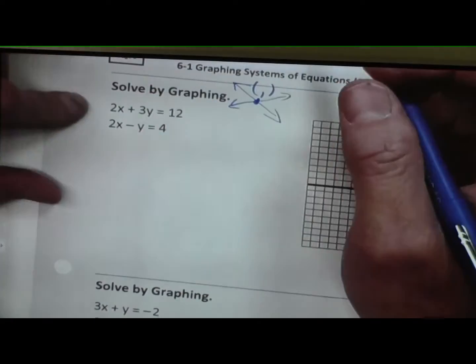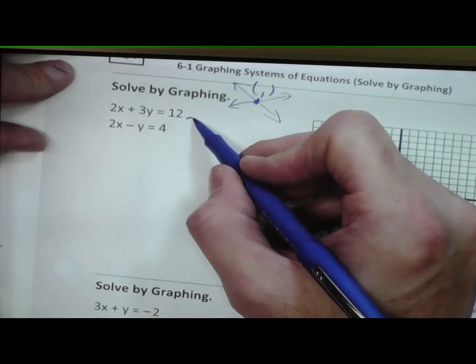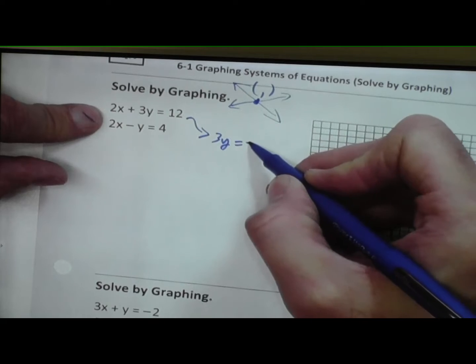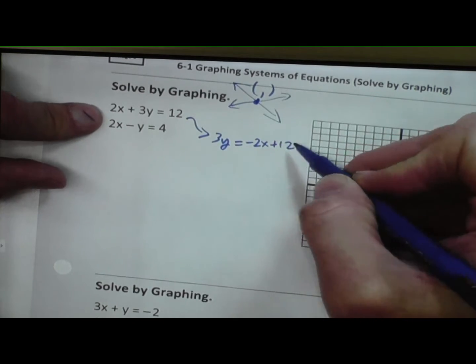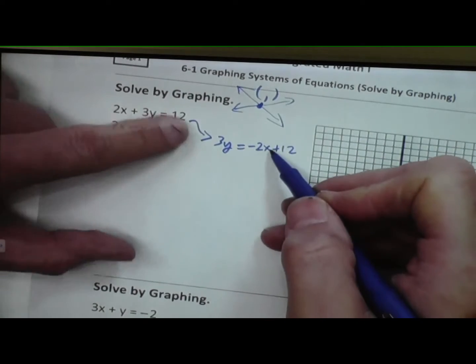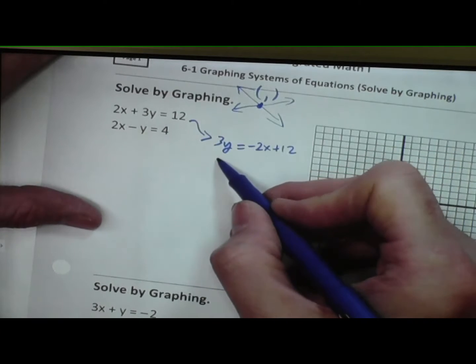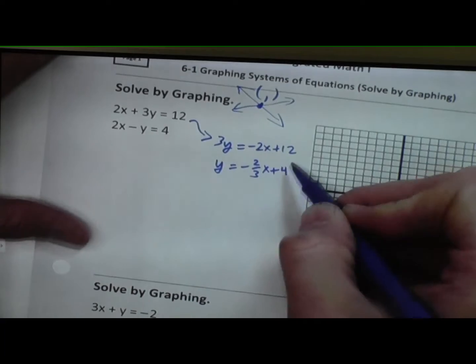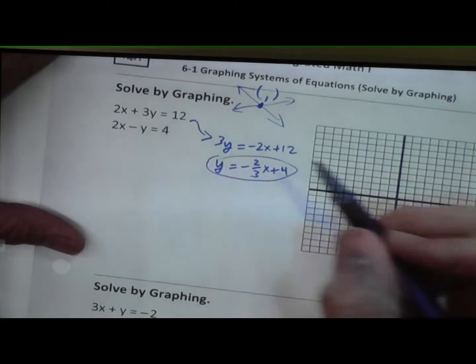So if I'm going to solve by graphing, my preferred way is to change this into y equals mx plus b. So I'm doing that by subtracting 2x on both sides and dividing by 3. So here's one equation right now.